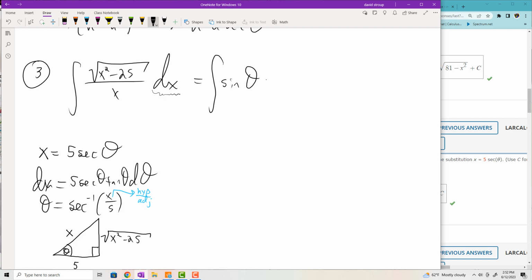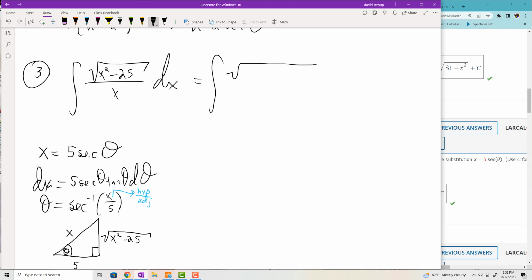So it would then be times 5 secant theta tan theta d theta. But if you would rather, you can just do it brute force, kind of, so to speak, using the method I've outlined already. So not as quick, but you don't have to memorize as much.